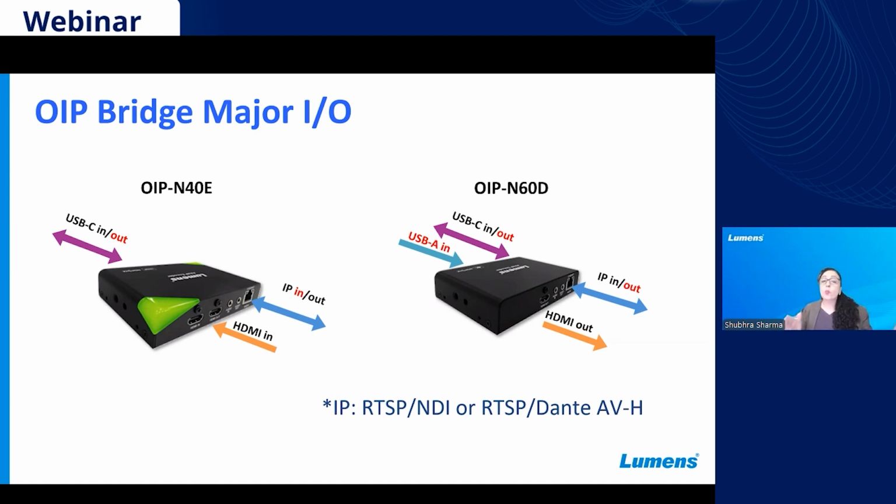But where you do need an encoder is when you are using a third-party device like a laptop, PC, or any other third party which is not a Lumens product category. There you need an encoder. So that's how you need to mix and match. As I said, it's a unique feature, because in other OIP categories, you always need to go with a standard encoder-decoder pair, which is not the case with Lumens solutions anymore, right?